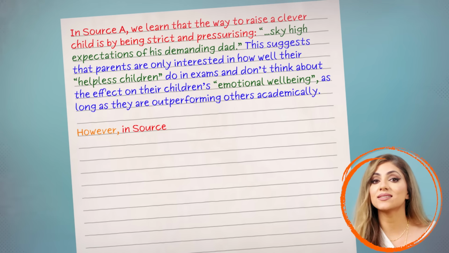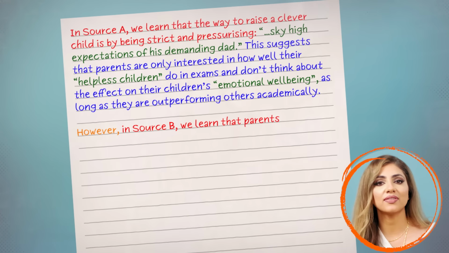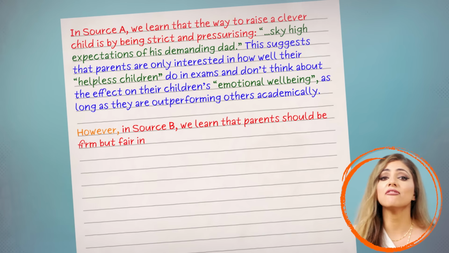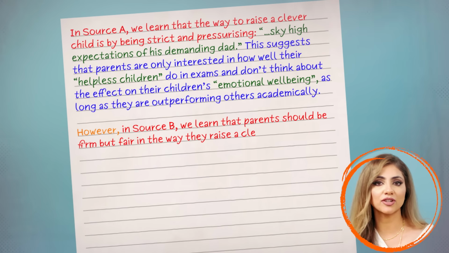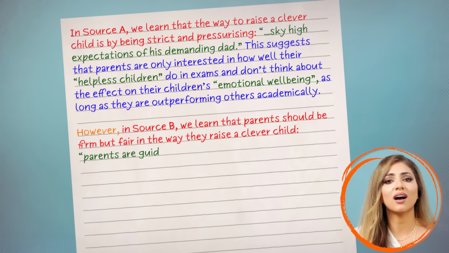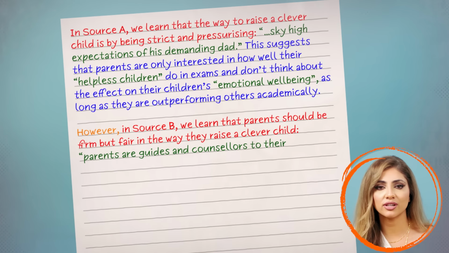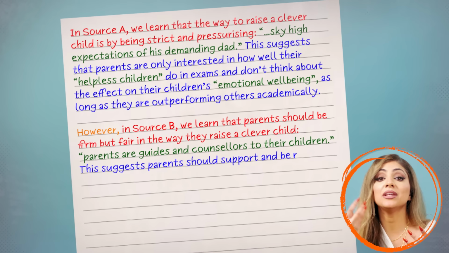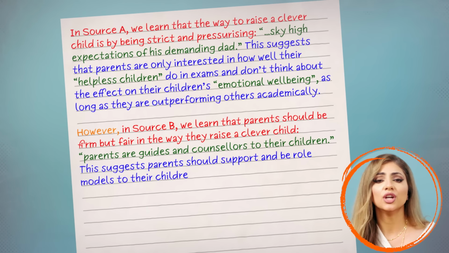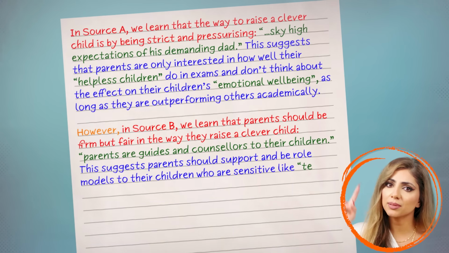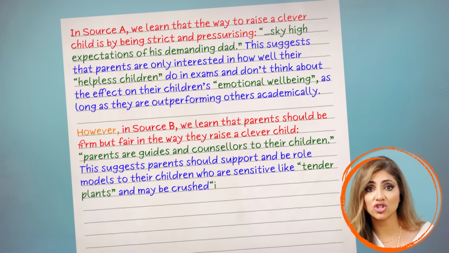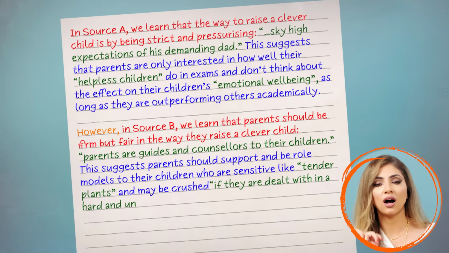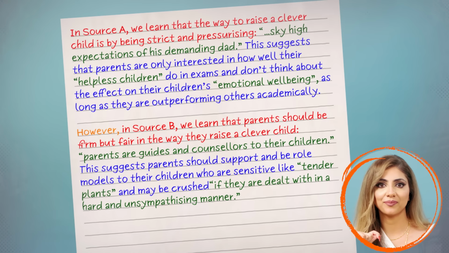However, in source B, we learn that parents should be firm but fair in the way they raise a clever child. Parents are guides and counselors to their children. This suggests parents should support and be role models to their children, who are sensitive like tender plants and may be crushed if they are dealt with in a hard and unsympathizing manner.